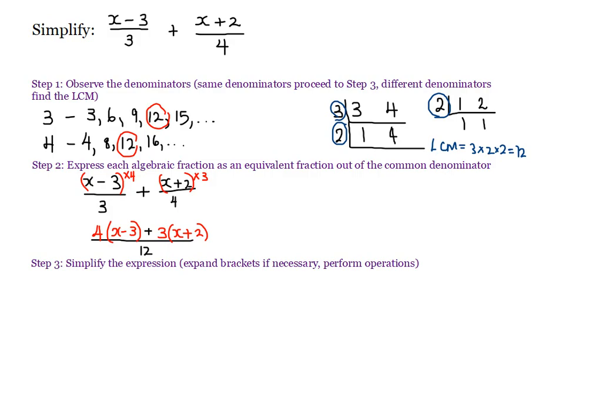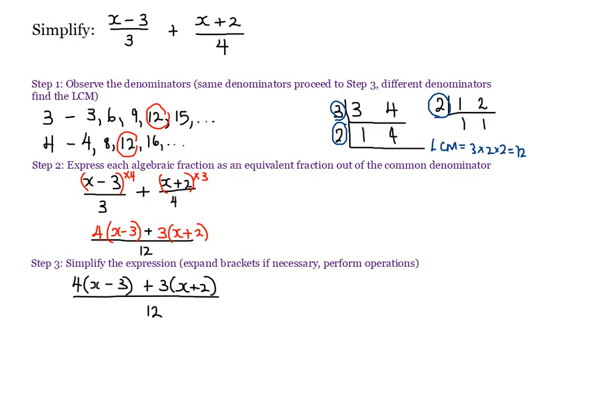In expanding the bracket, I have to recall my distributive law. And if you remember what distributive law is, you'll know that it tells you to multiply what is outside of the bracket by what is inside of the bracket. So we're going to expand this now.